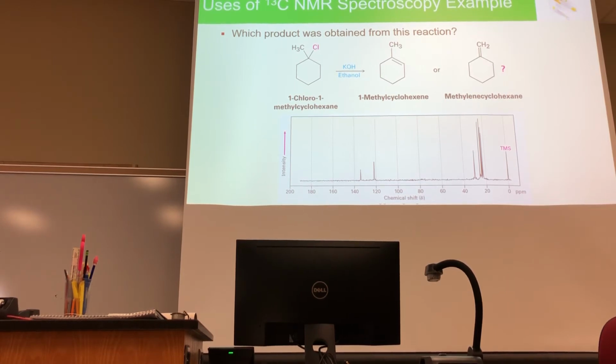All right, so we did it. Here's our product, and so our NMR of our product, and what do we see? How many carbon environments would this one have? When you count them, put your number of fingers up here.